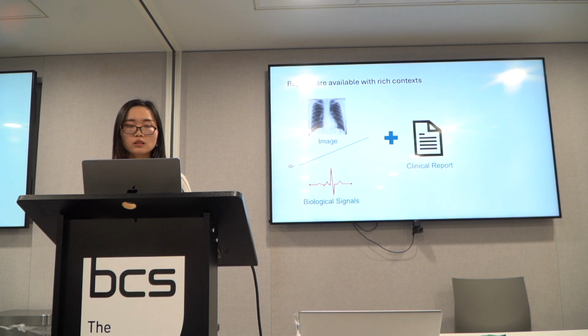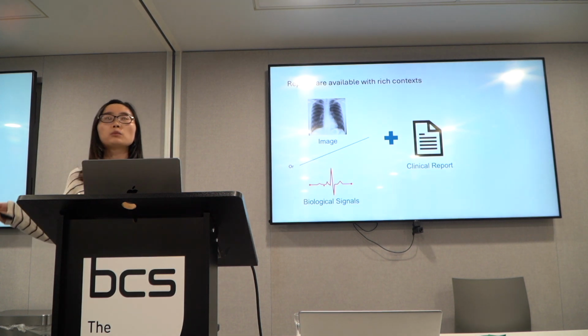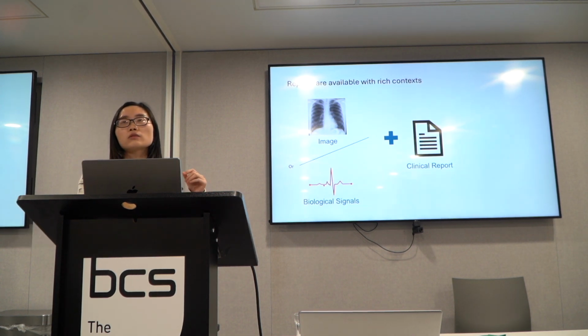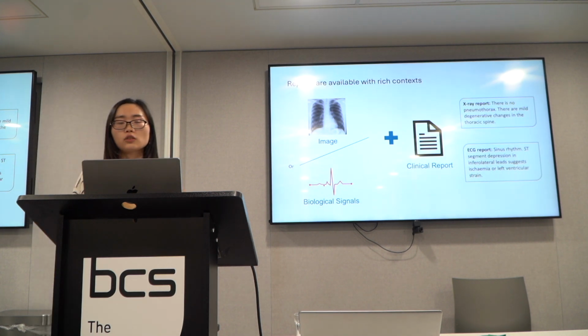One way to do that is to look into clinical reports that are widely available, not only for one specific task but for general tasks. For example, for an X-ray, you get a report saying this patient is normal, and there may be some degenerative changes in some part of the image.